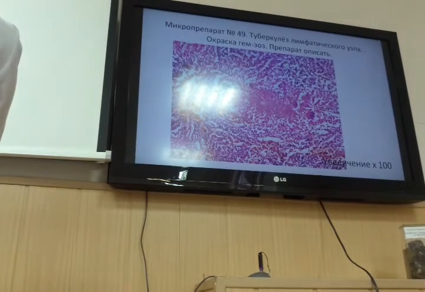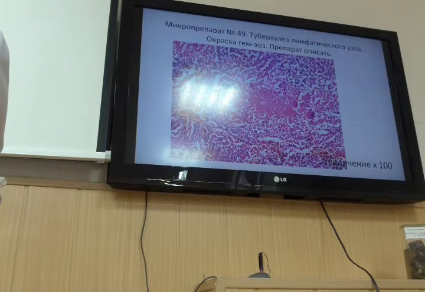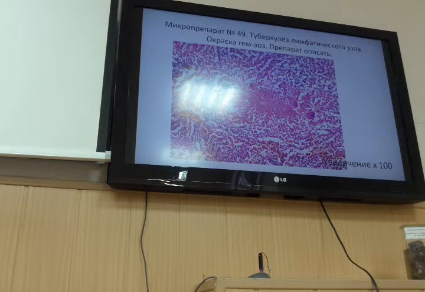So your legends. Point number 1 means granuloma consisting of: letter A, caseous necrosis; B, epithelioid cells; C, macrophages and giant cells; D, lymphocytes.